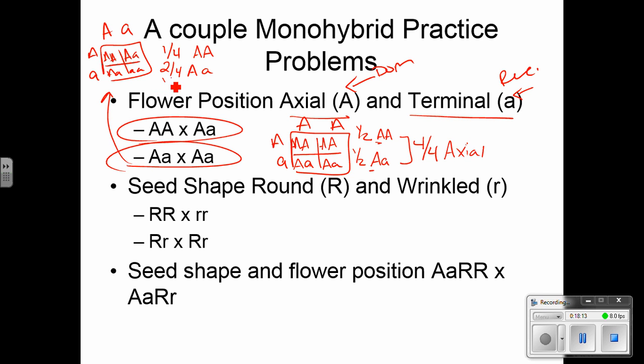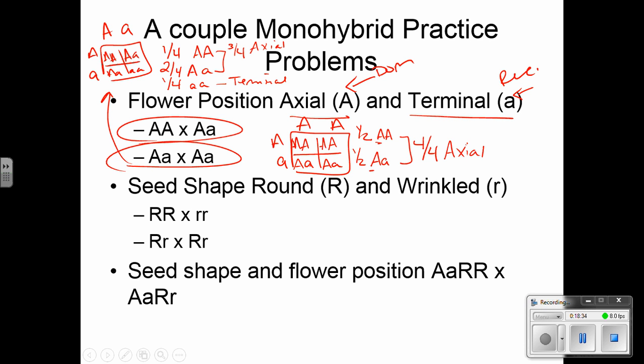And then 1 of the 4 boxes being little a, little a. So this means that 3/4 are going to be axial, so about 75%, and 1/4 are going to be terminal, which is about 25%.